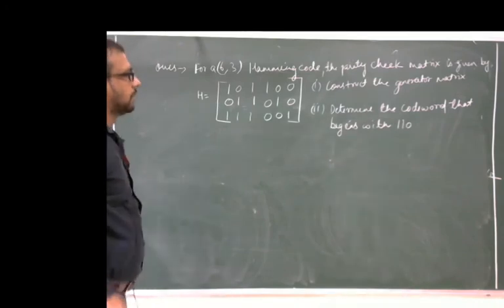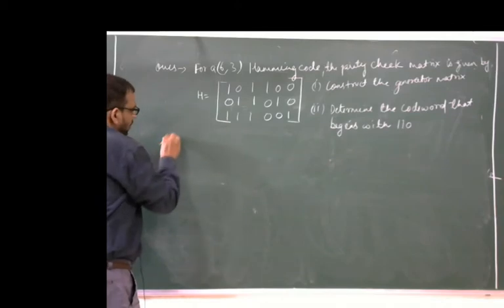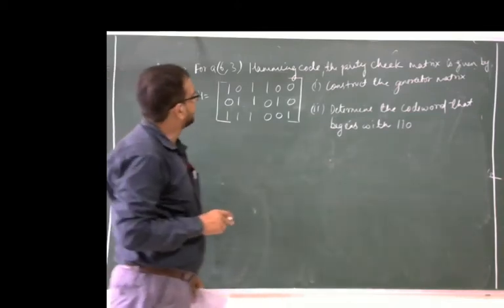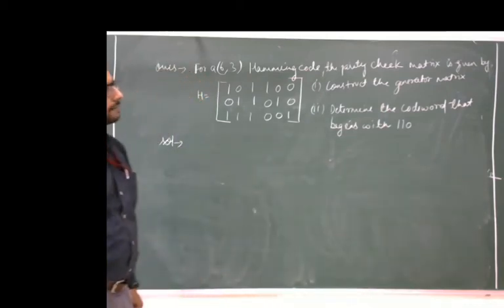ये आपका न्यूमेरिकल है। Okay, and now what will be the solution? Now here in the numerical there is the Hamming code (6,3) and the parity check matrix is given.